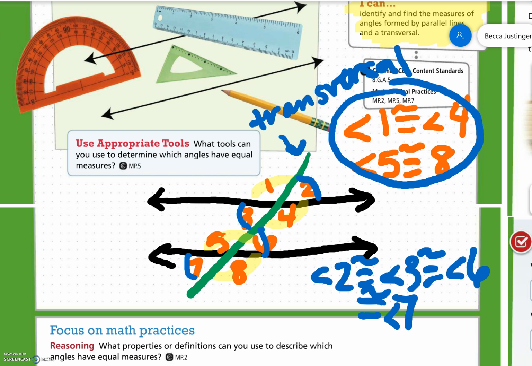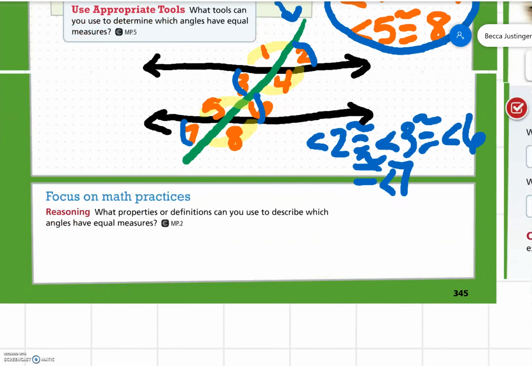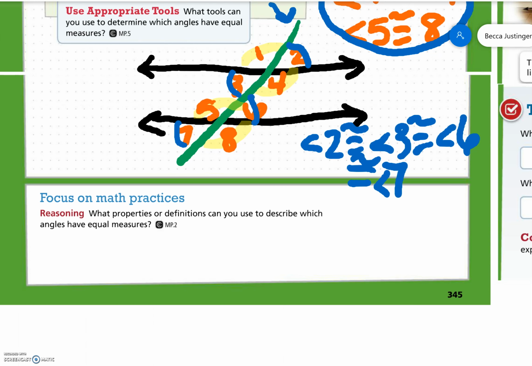Now, to be clear, these angles, angle 1, 2, 3, 4, 5, 6, 7, 8, those numbers are not how many degrees are in the angle. It's just a way to notate the angle itself. We don't know what the degrees are. So what properties or definitions can you use to describe which angles have equal measures? We can use the supplemental angle property.